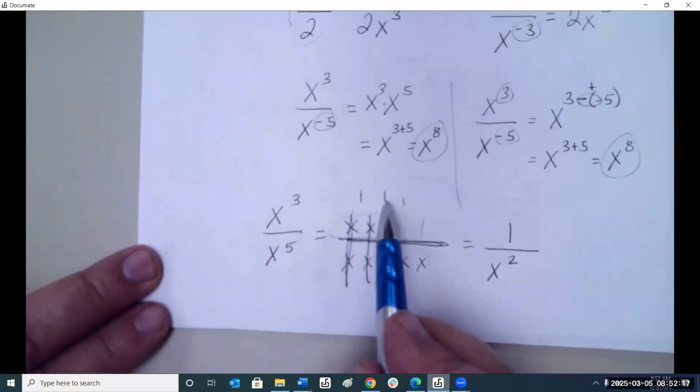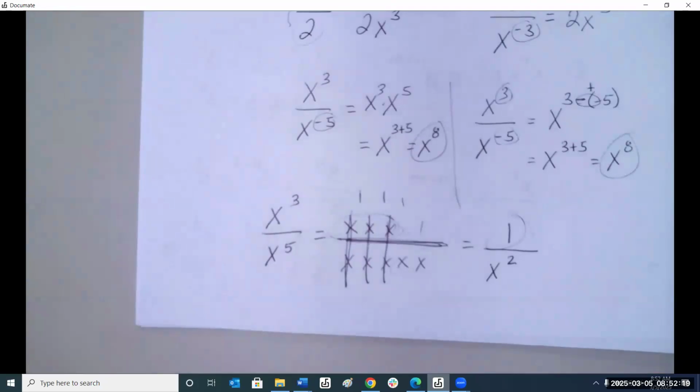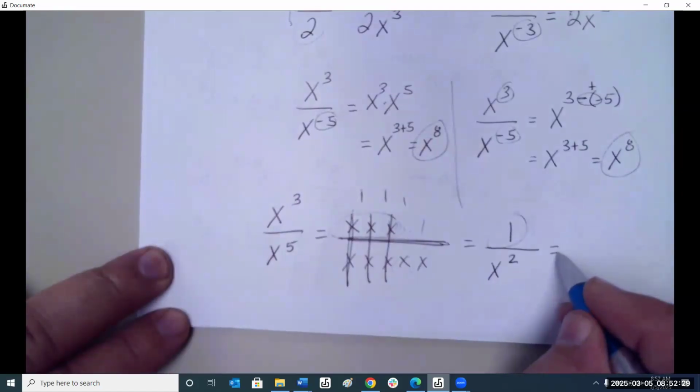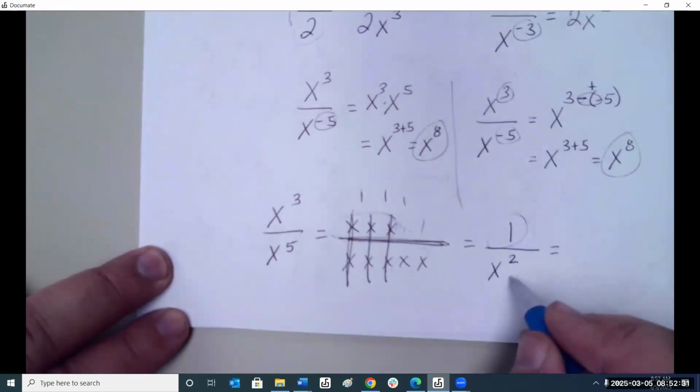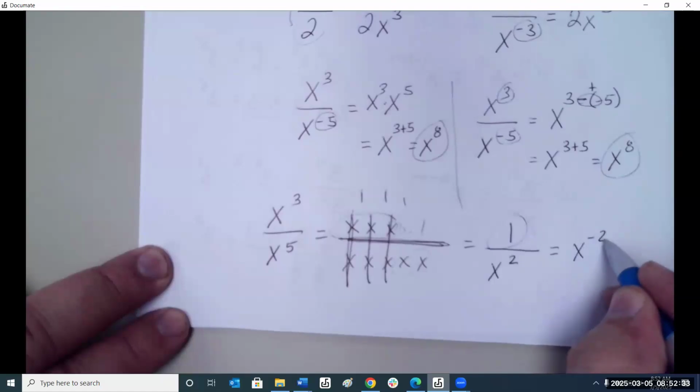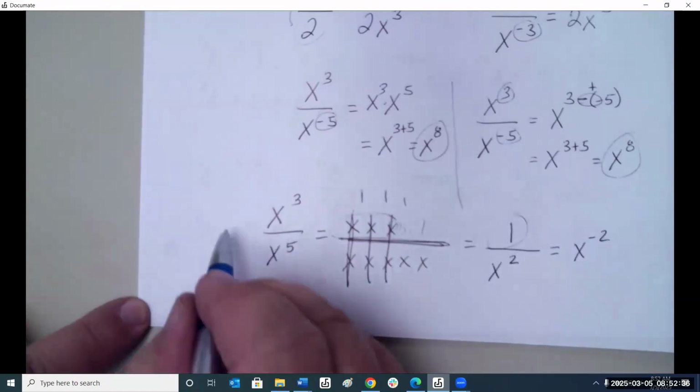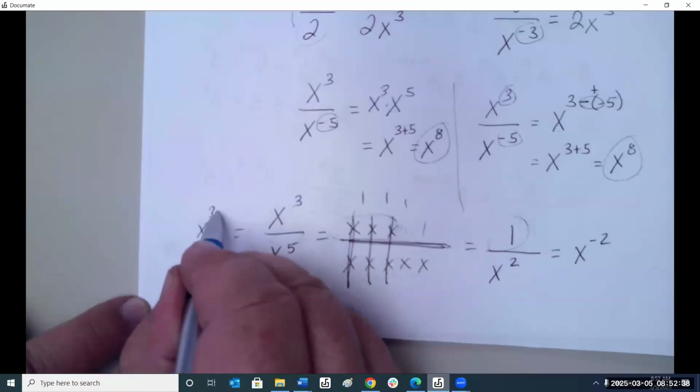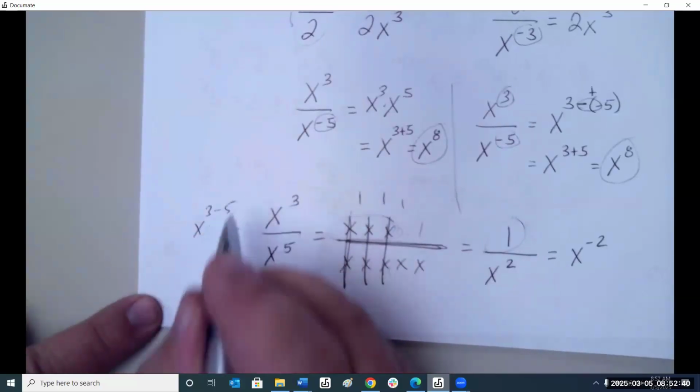What is 1 times 1 times 1? 1. If you have more numbers on the bottom, you're going to end up with a fraction. And knowing what we know so far, since this is on the bottom, we can move it up on top and we get this, which is what we would have gotten if we did the 3 minus 5.